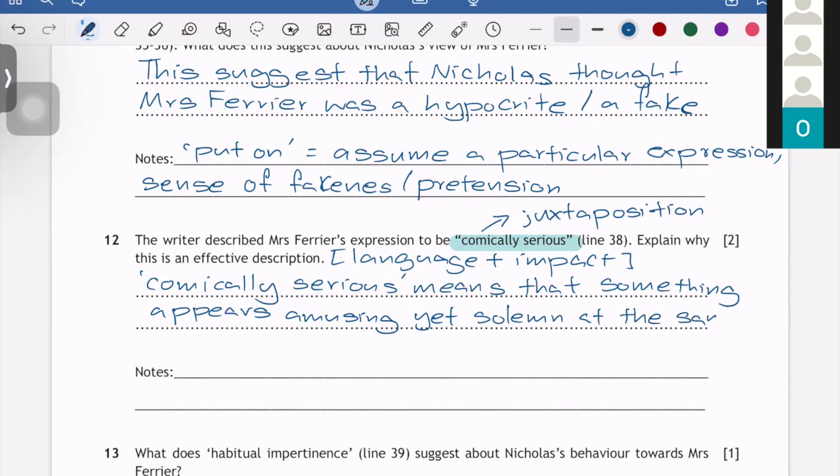This is a 2-mark question. Firstly, explain comically serious. This is where you get your 1 mark from.